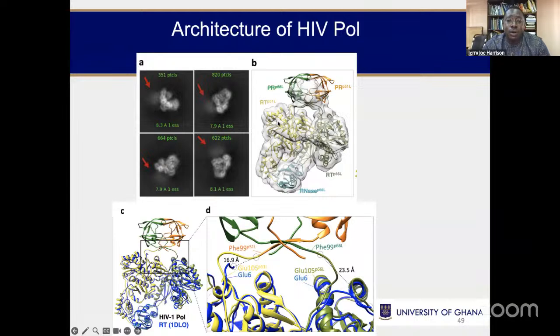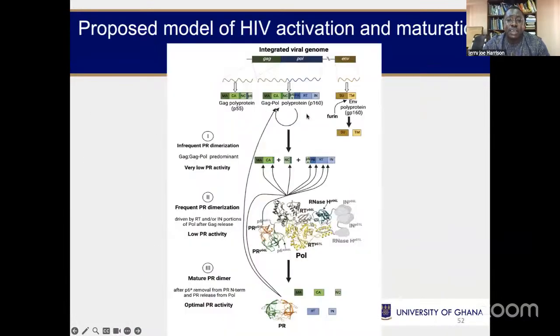So here, the RT forming a heterodimer, you have two of the proteases now close enough that they can also dimerize. So we believe that the RT dimerization could help with the protease dimerization because the RT dimer is very, very stable.